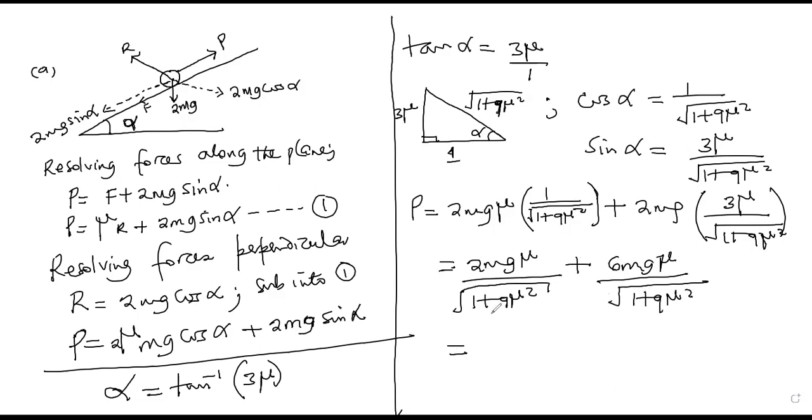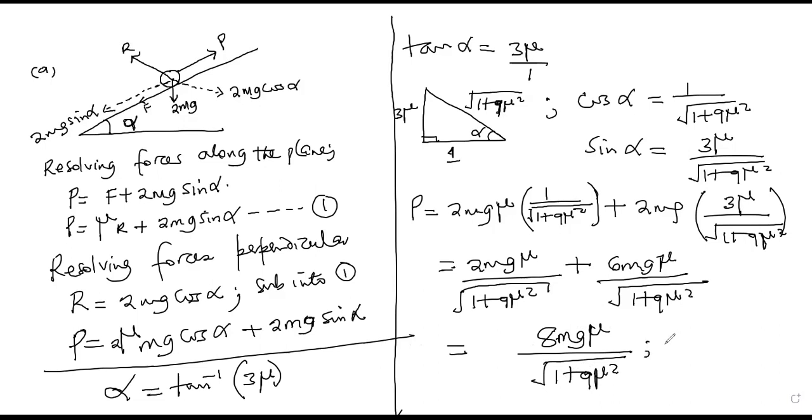Looking at this, since the denominator is the same, you add 2 mg mu plus 6 mg mu, it gives 8 mu mg out of the square root of 1 plus 9 mu squared. And that is the answer that was required.